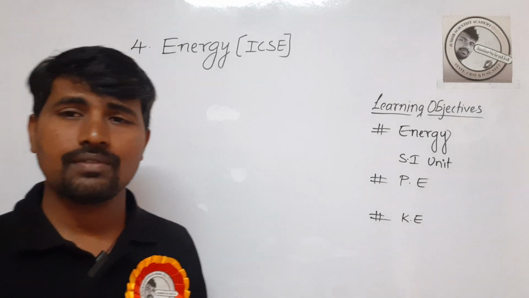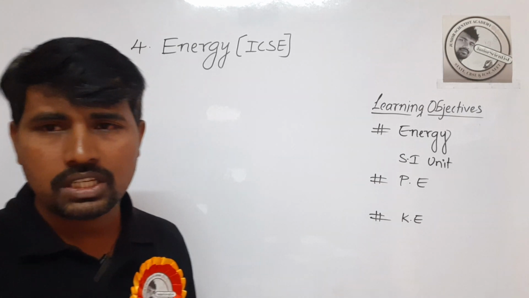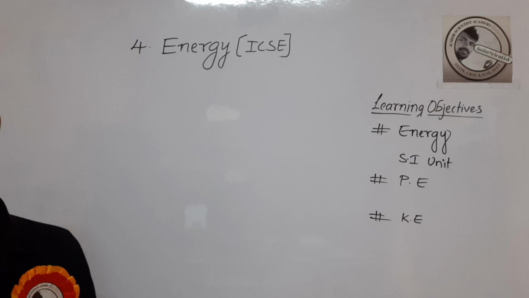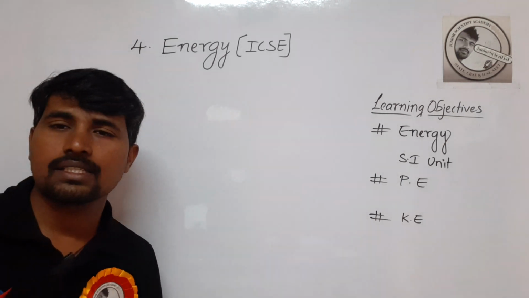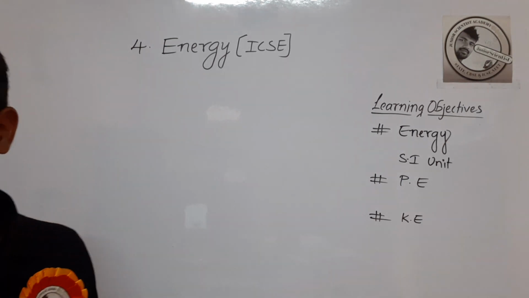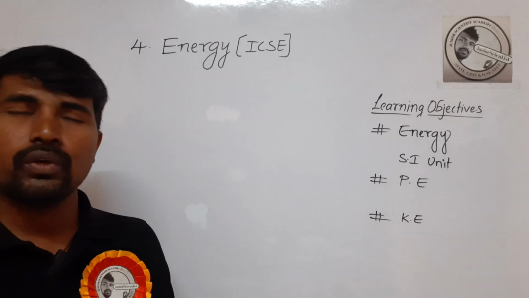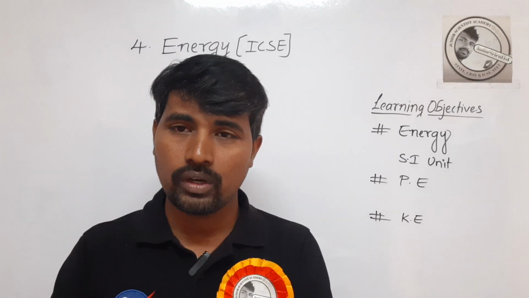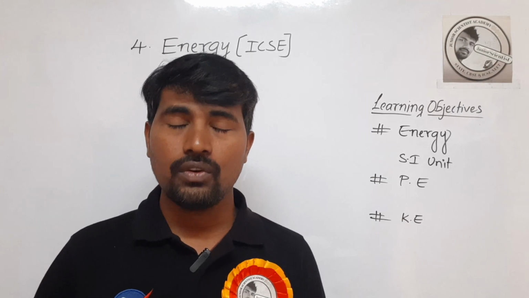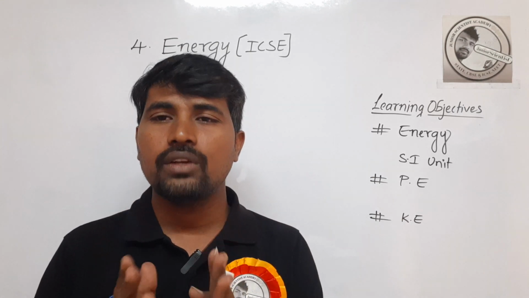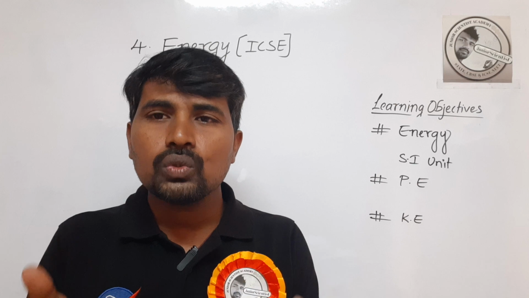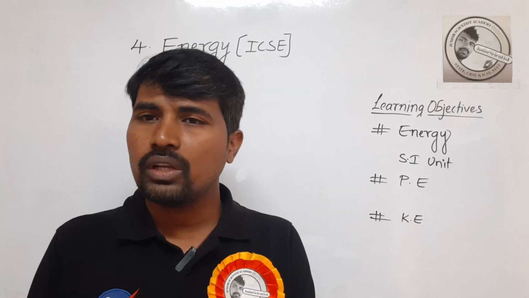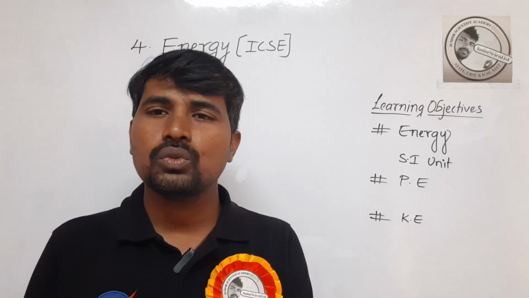Our textbook definition: energy is the capacity of doing work. Means if you have energy, then only you are able to do the work. If you don't have energy, you may not do the work.